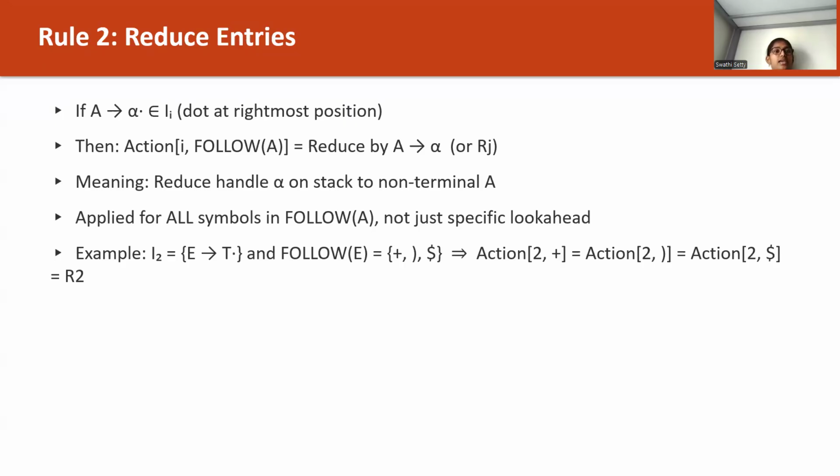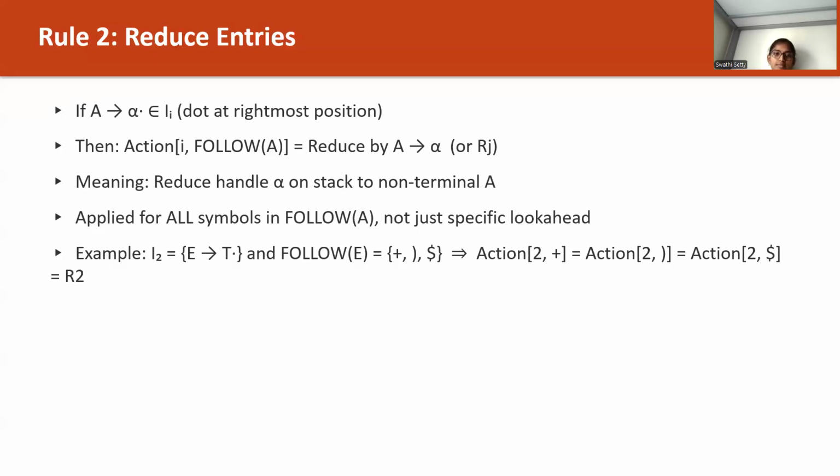If A gives alpha dot belongs to Ii, with the dot at the rightmost position, then action of [i, follow of A], where A comes from the LHS of that production containing the dot at the rightmost position, is reduce by A gives alpha, or Rj, meaning reduce handle alpha on the stack to the non-terminal A. That is, alpha is now reduced to its LHS A, applied for all symbols in follow of A, not just to a specific lookahead.